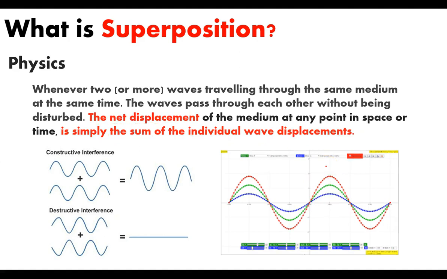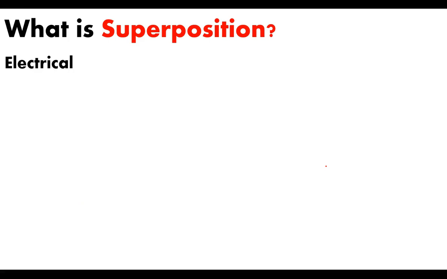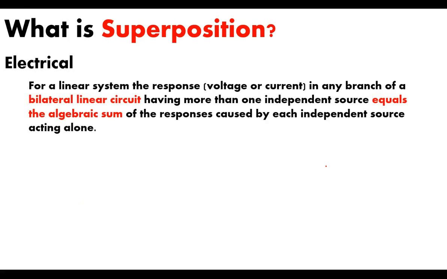Now, in electrical engineering, for a linear system, the response, voltage or current, in any branch of a bilateral linear circuit having more than one independent source equals the algebraic sum of the responses, voltage or current, caused by each independent source acting alone.